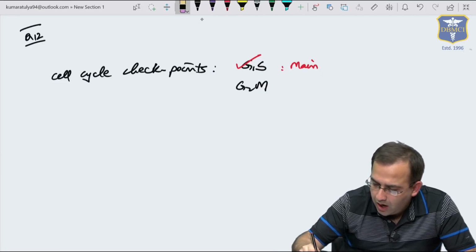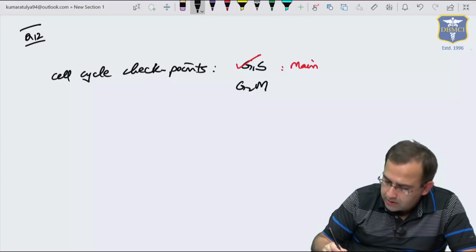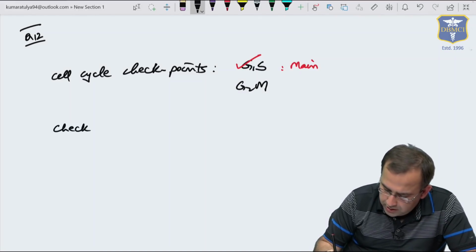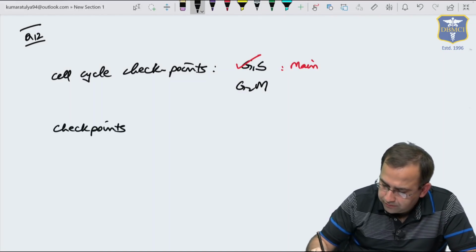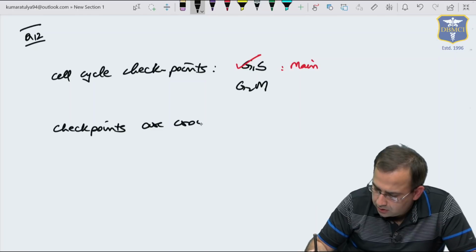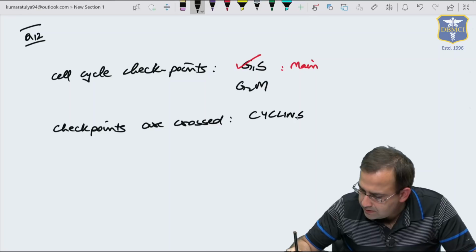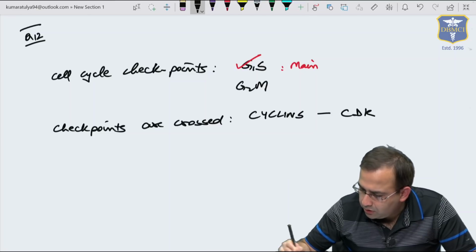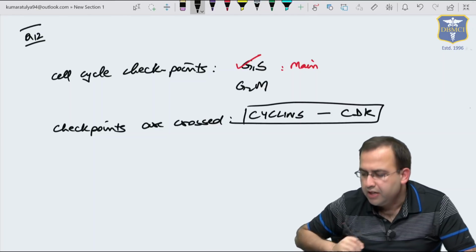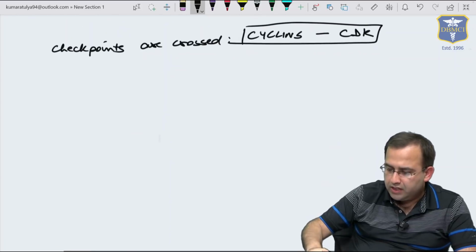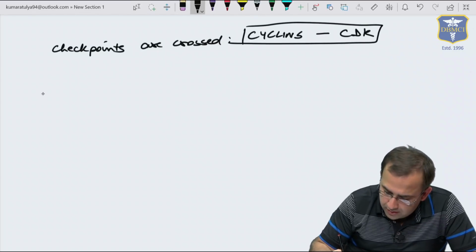Next point, how are the checkpoints crossed? Checkpoints are crossed when cyclins bind to cyclin dependent kinases. So let us make the master table of this.